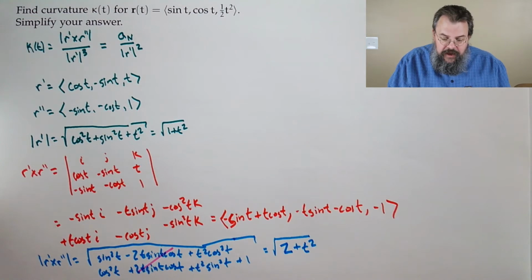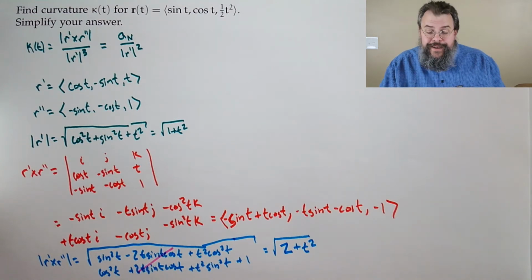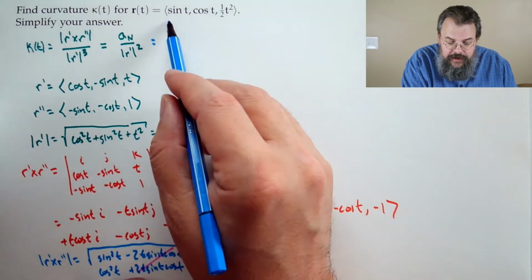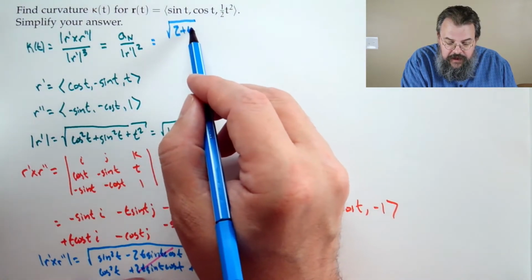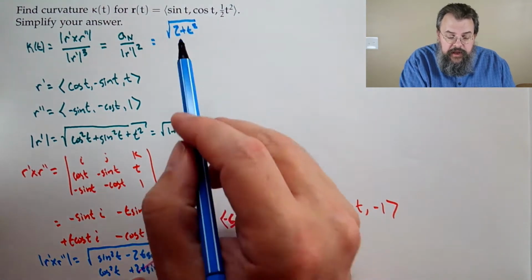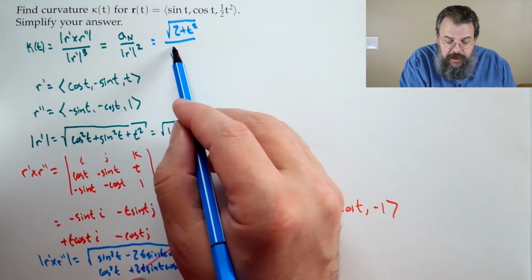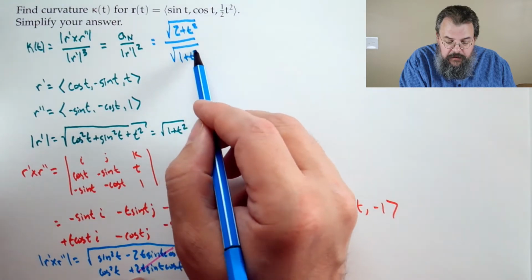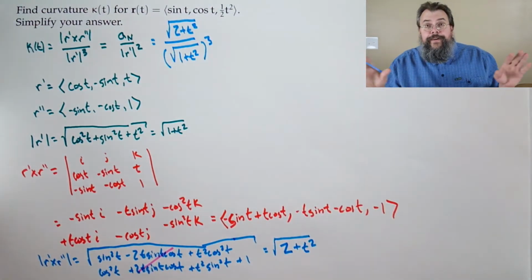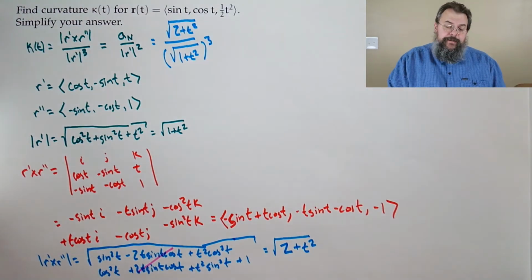So we can say it's the following. It is the square root of 2 plus t squared. That's our magnitude of r prime cross r double prime over the square root 1 plus t squared cubed. And that's it. We're done.